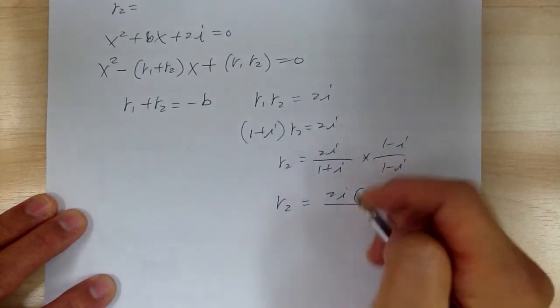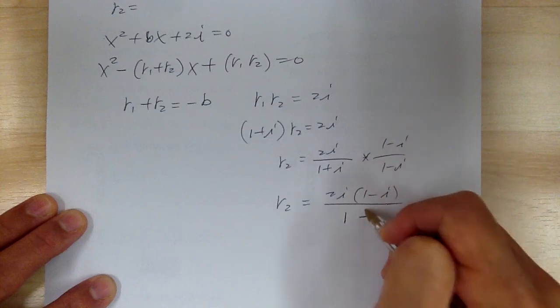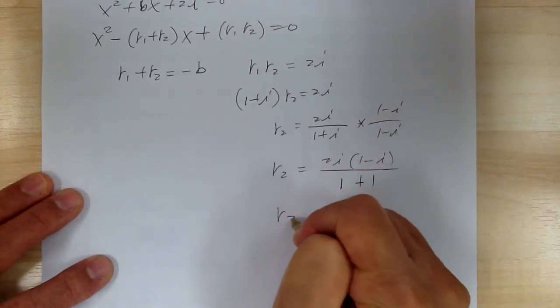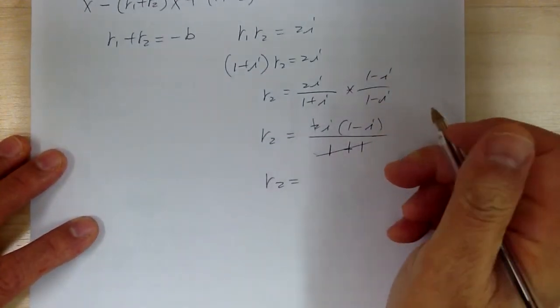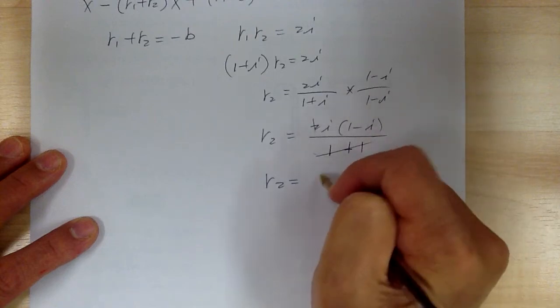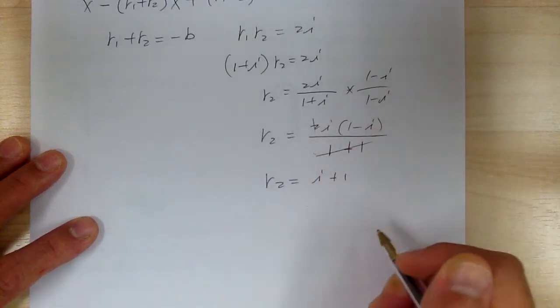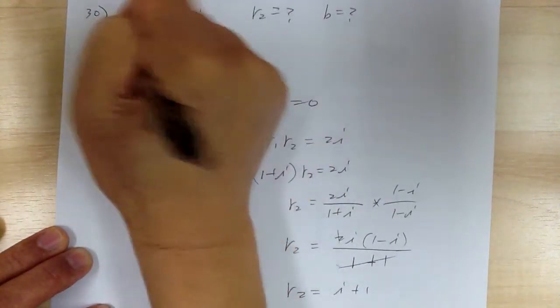So on the bottom, you're going to get 1 minus I squared, and I squared is negative 1, so it becomes plus 1. So notice the 2 will cancel out. So R2 is going to be equal to I minus I squared, which becomes plus 1. So R2 is 1 plus I. Okay?